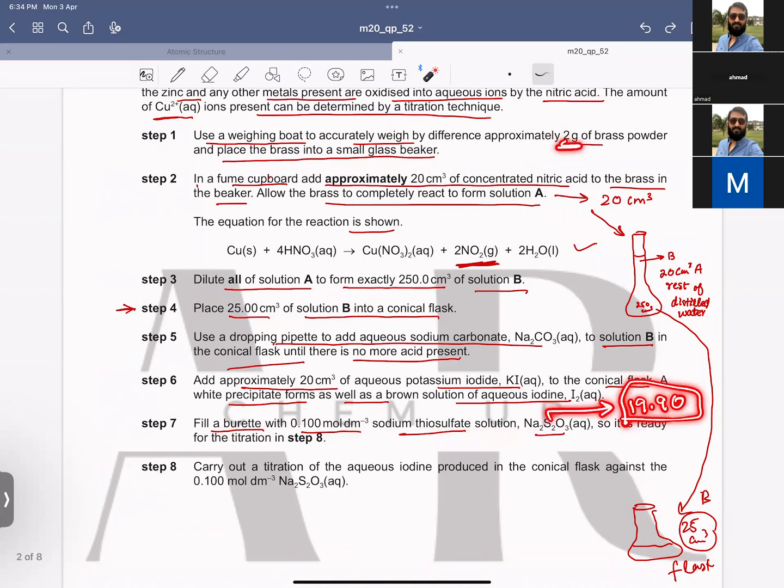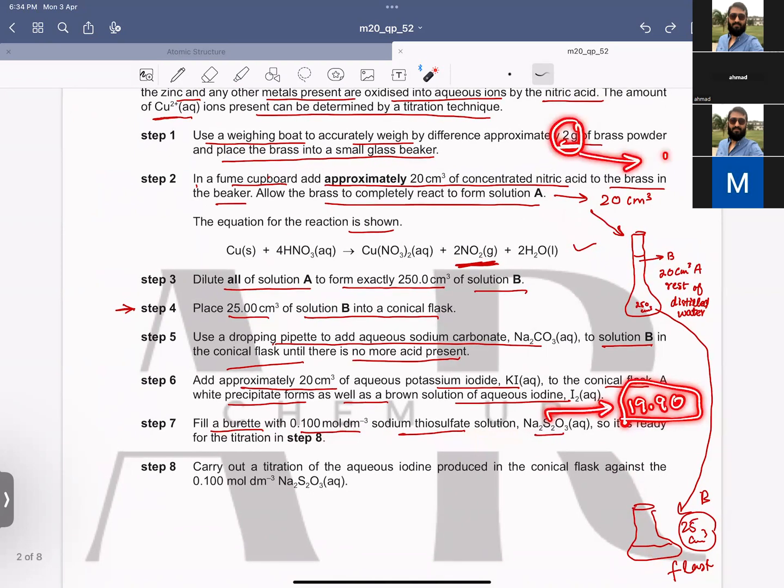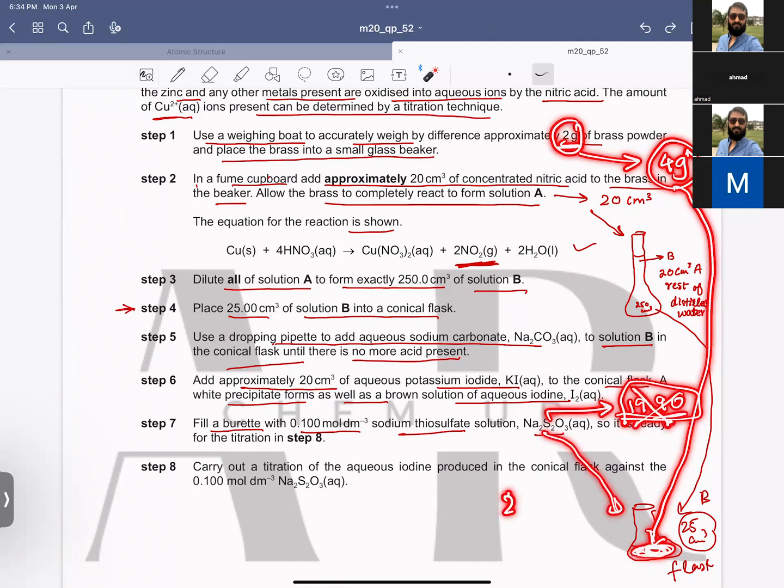So if instead of 2 grams, I use 4 grams or 5 grams of brass, there must be more content, or more moles, in this flask. And when I titrate it, now instead of 19.90 it might be, I don't know, 39.50 or any other volume that would be used, right?